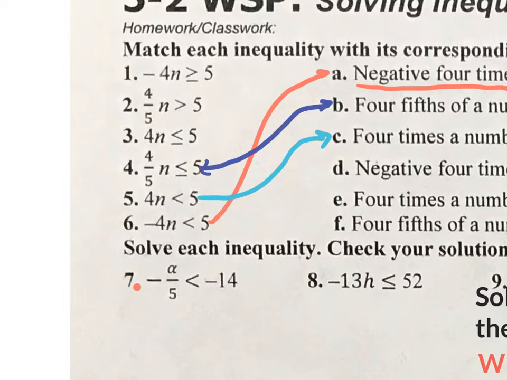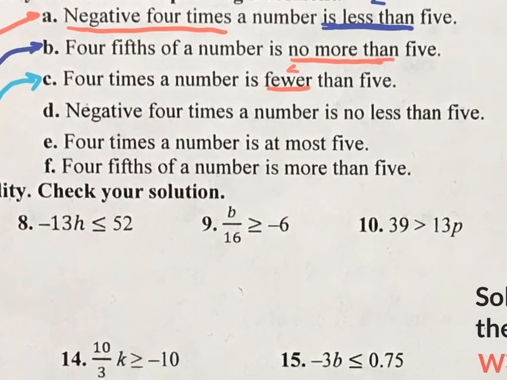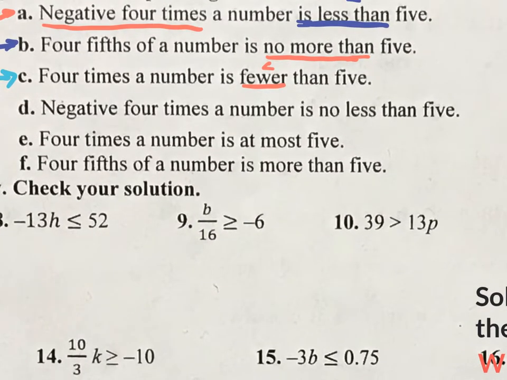Moving on to D. -4 times a number is no less than 5. What the heck does that mean? Let's think about that. If we say it is no less than 5, could it be 4? No. Could it be 3? No. It's no less than 5. Could it be 5? Yes, it's including 5. So what are we really saying?